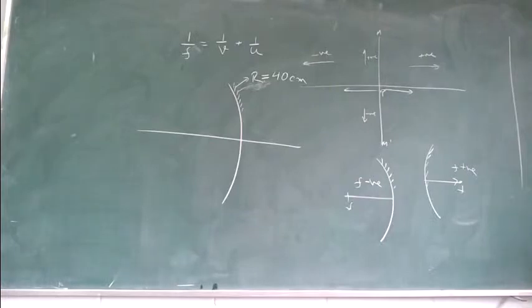First of all, before solving it using the formula, tell me where the image would be. Beyond C. Are you sure about it? Yeah, because C is at 40 and F is at 20. You have kept the object between 40 and 20, at 30. Hence, it is going to be formed beyond 40. That means your answer should be more than 40.